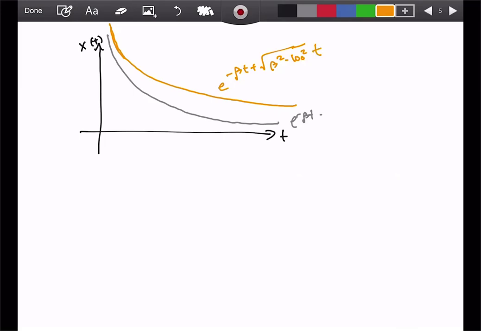It's still going to go to zero, but not as rapidly. All this means is I have so much damping that the damping leads to exponential growth in this case. They both go to zero, but the critically damped one goes to zero much more quickly. And that's why we call it overdamped. The damping is causing an extra growth term, which causes this to go to zero much slower.